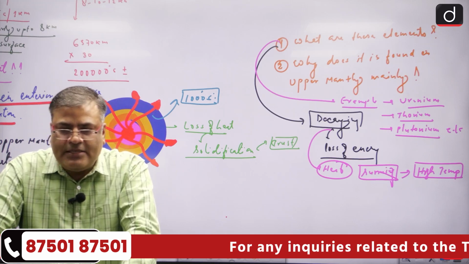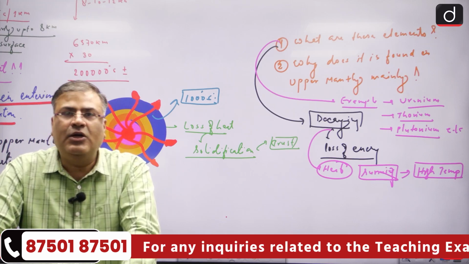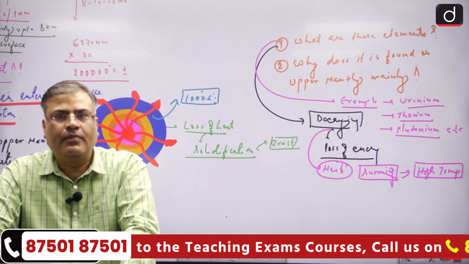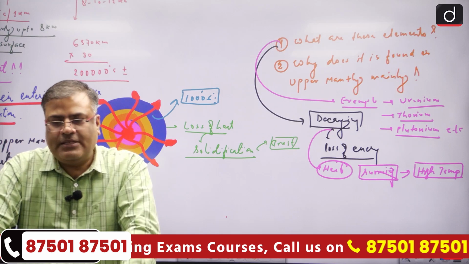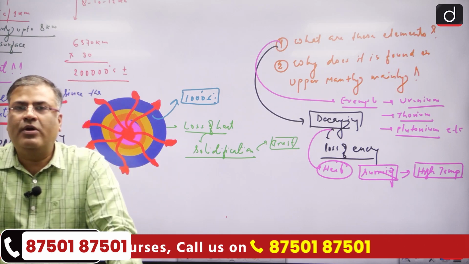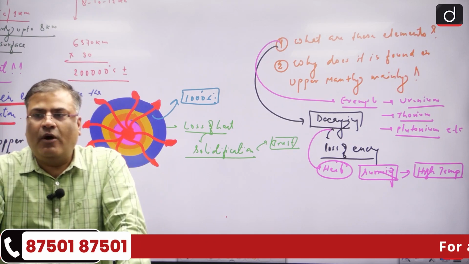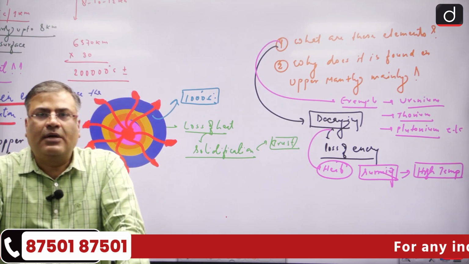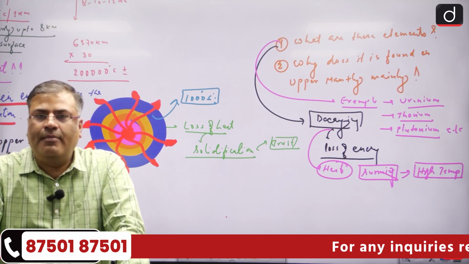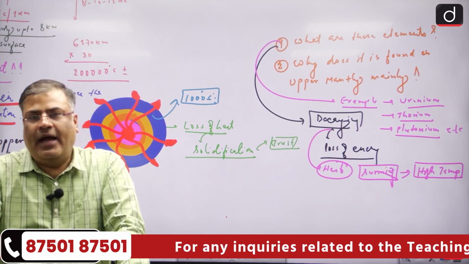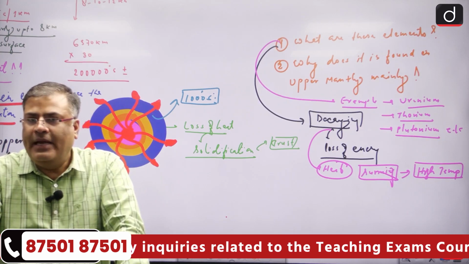Nuclear fission means breaking the nucleus of one atom into two. Similarly, on the sun, there is a process of nuclear fusion where the nuclei of two atoms combine to form a heavier atom, like hydrogen and hydrogen combining to form helium.